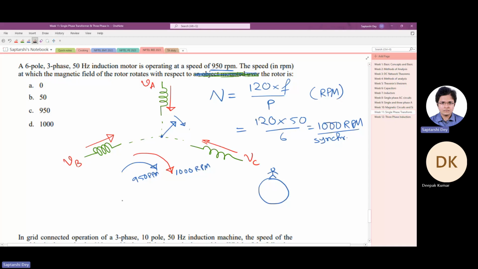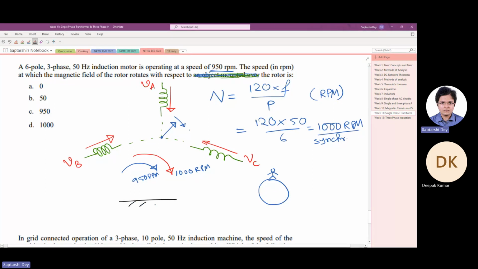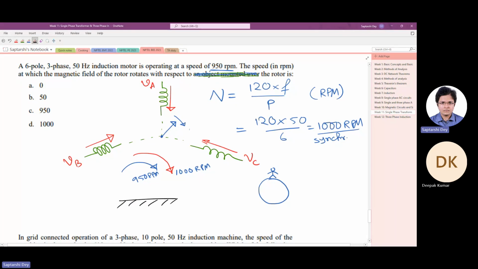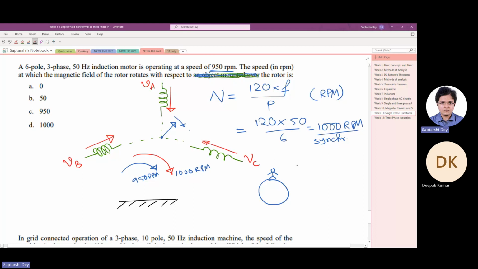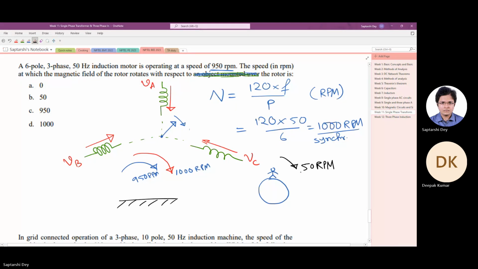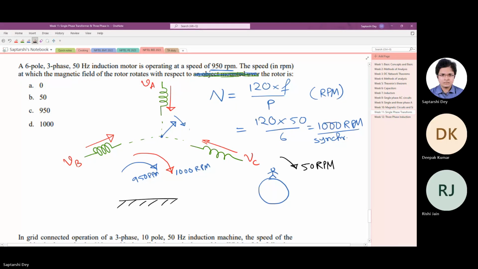This is what we see from the ground, where the machine is mounted. From the rotor, you see that the field is rotating at 50 rpm. So this is the answer.